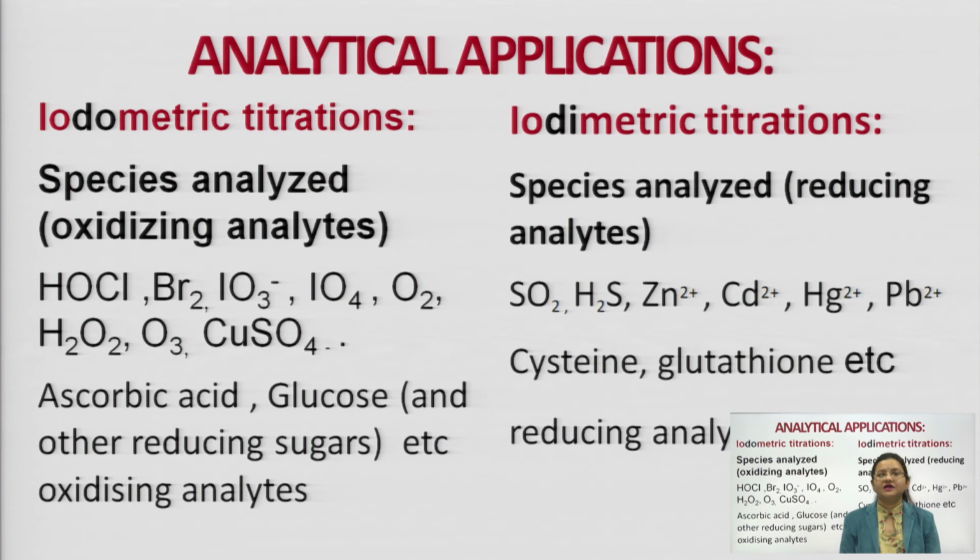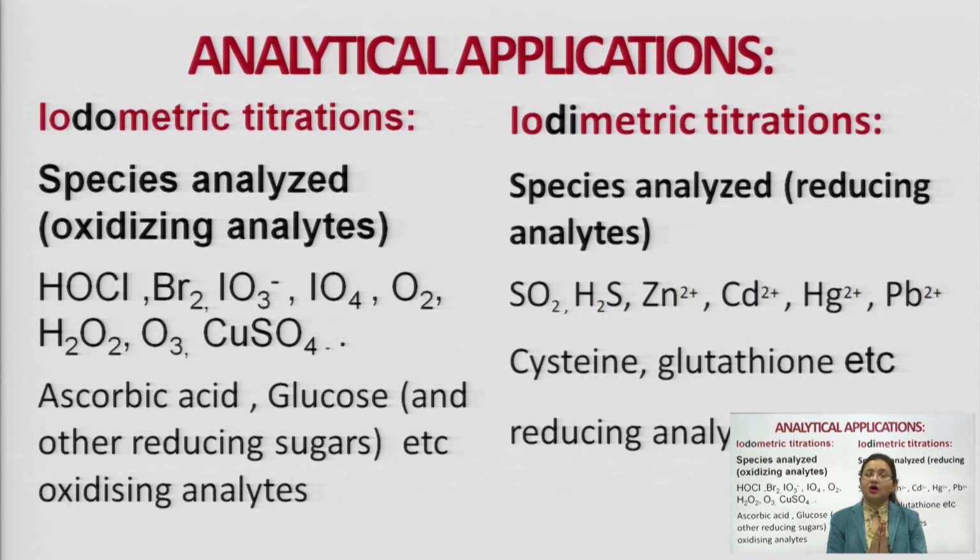As we have already studied, in iodometric titration all the analytes will be of oxidizing nature. Because they are oxidizing, their oxidizing capacity is the gist, the key of this reaction. If they do not have that oxidizing capacity, they will not be able to convert the iodide solution or iodate solution into free iodine. If free iodine is not generated, then who will react with the titrant, the thiosulfate solution, in the next step?